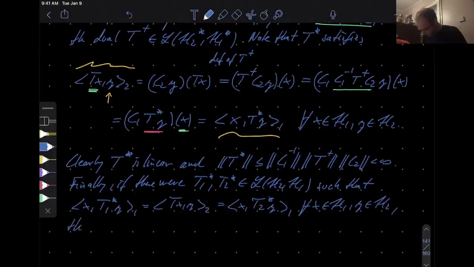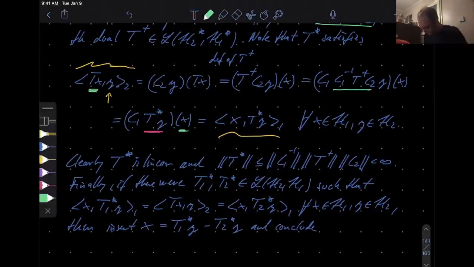Then insert, since this is valid for all vectors x, so just take x equal to the difference T1 star y minus T2 star y, and conclude.